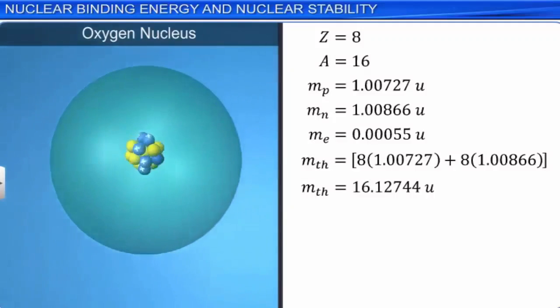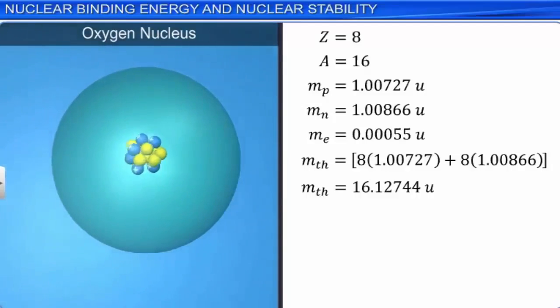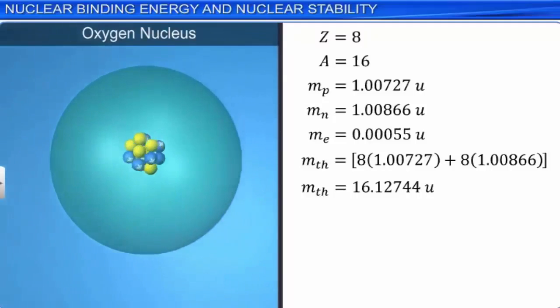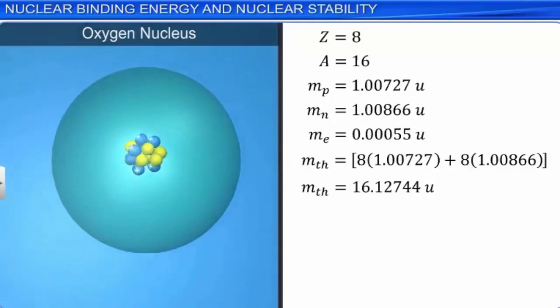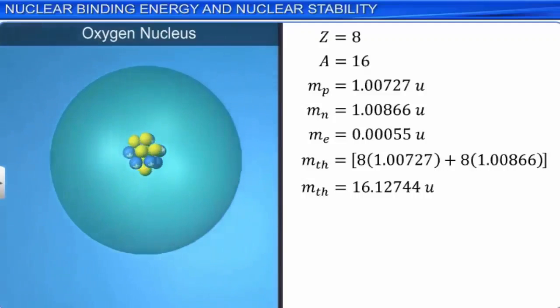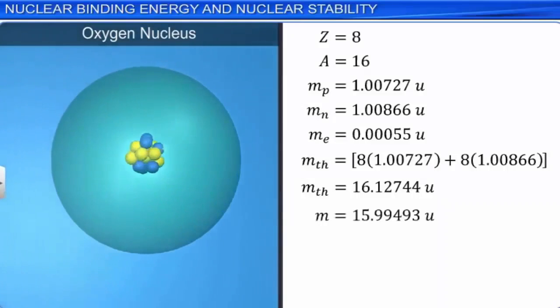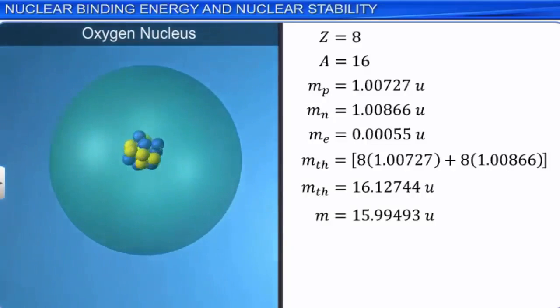But the actual mass of the oxygen atom M, determined experimentally using the mass spectroscopy principles, is 15.99493 AMU. When the mass of the 8 electrons is deducted from this, we get the mass of the oxygen nucleus as 15.99053 AMU.